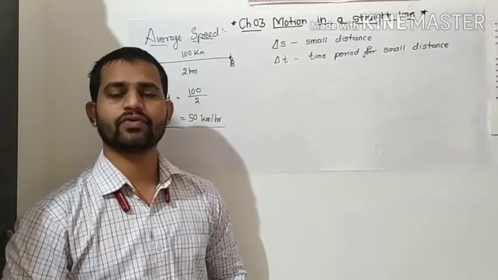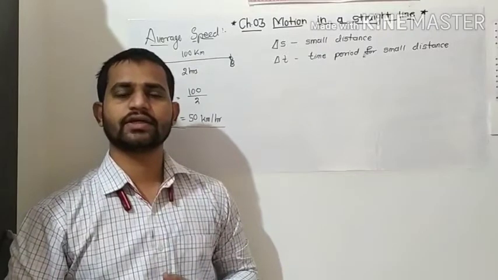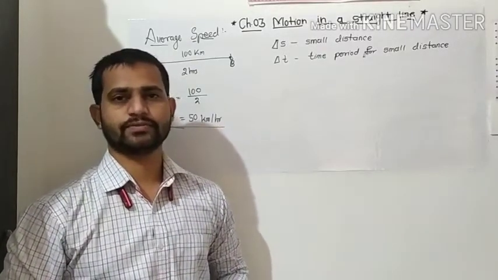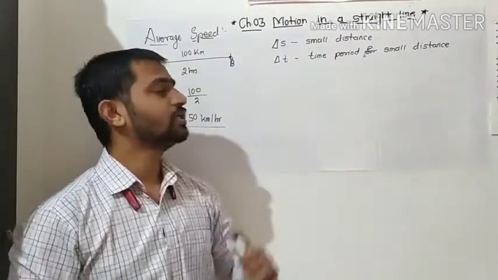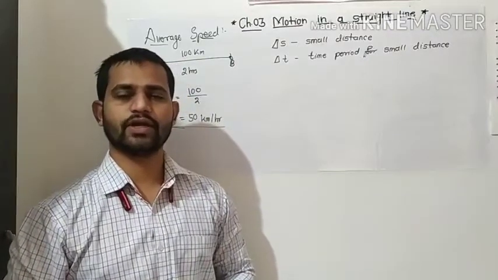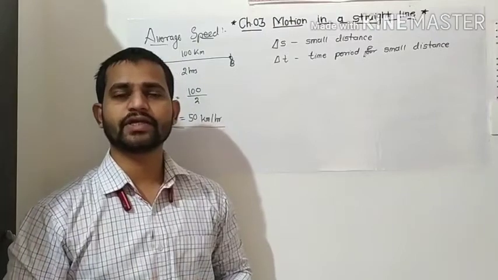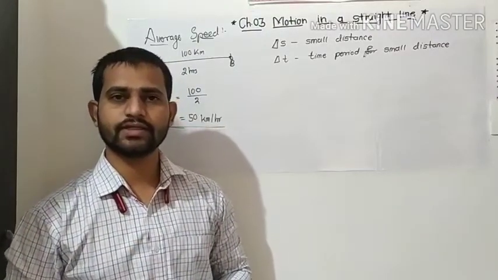For that purpose, we take the summation of all such small distances and the summation of all such small time intervals. Then we get the speed, and that is not the instantaneous speed, but the average speed.